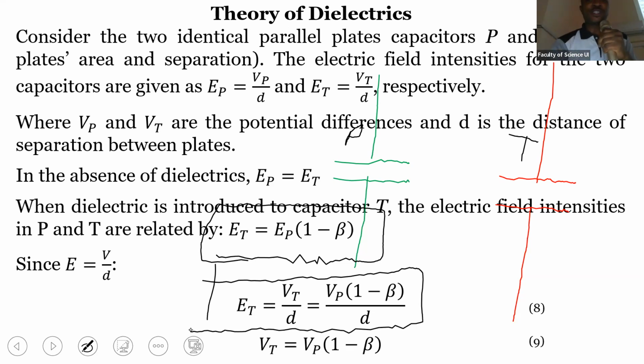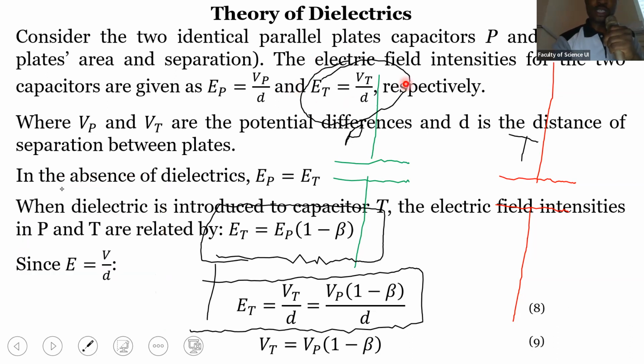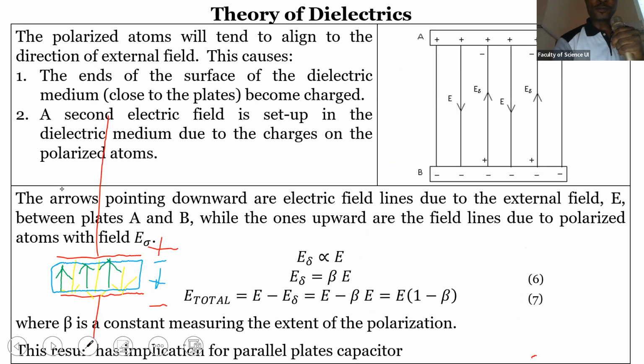ET is simply VT over D, which we have defined here, and EP can be obtained from expression 7.